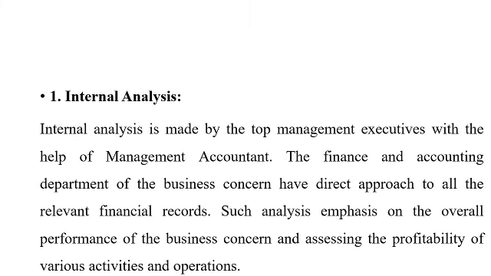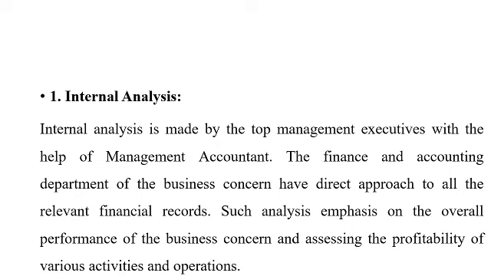Now, internal analysis, the name itself gives the concept. Analysis is made by the internal people, that is, by the top executives with the help of the accountants. Basically, the finance and accounting department of the business organization have direct access to all the relevant financial records.